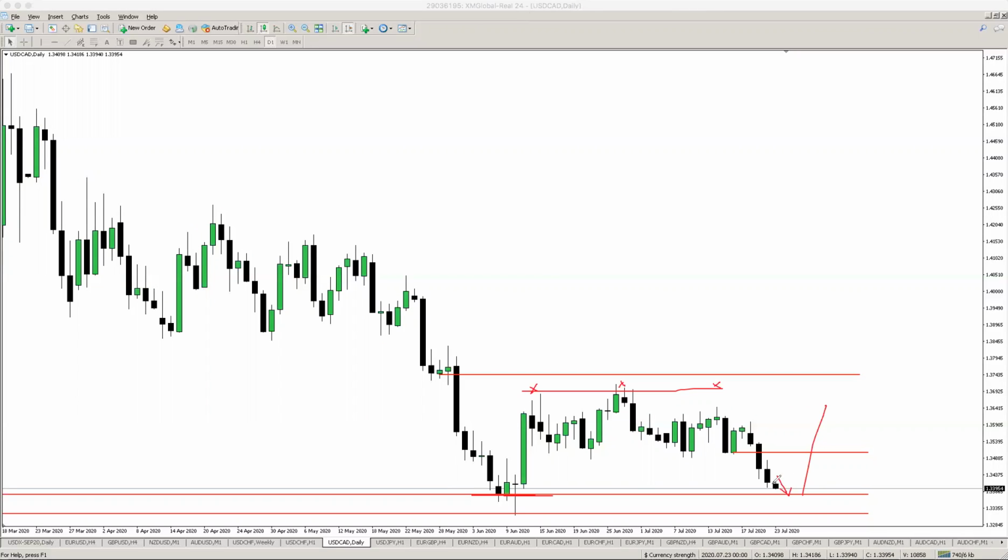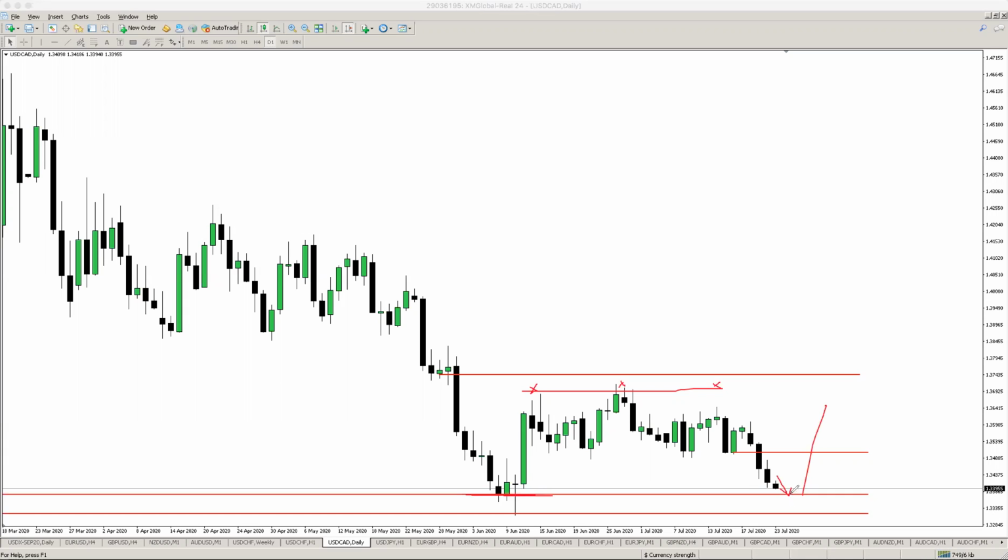As you see, we already have opened and we have a bearish candle that is at least showing us some willingness to go and trade into this zone right here. So as this happens on the H4 chart, we would like to see price at least stay above this zone.